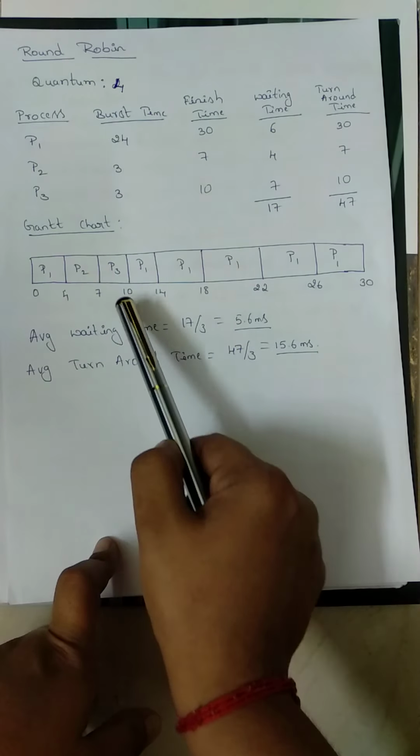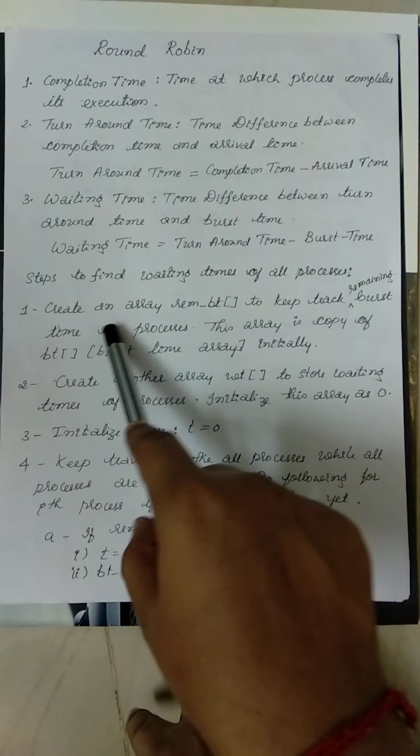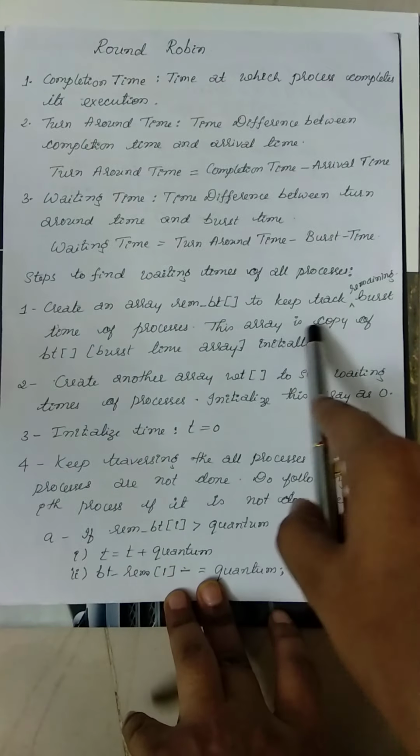Before going to the coding part, we'll see the design of it. The steps to find the waiting time of all the processes: first, we create an array, remaining burst time, to keep track of the remaining burst time of processes, and this array is a copy of the actual burst times given initially.